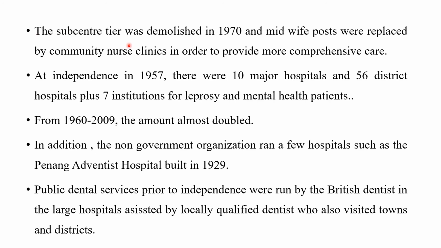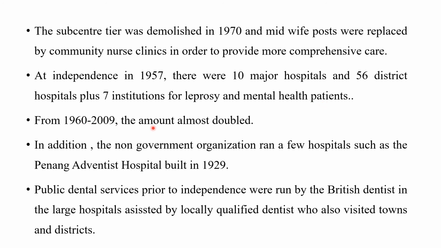The subcenter tier was demolished in 1970 and midwife posts were replaced by community nurse clinics in order to provide more comprehensive care. At independence in 1957, there were 10 major hospitals and 56 district hospitals, plus 7 institutions for leprosy and mental health patients.